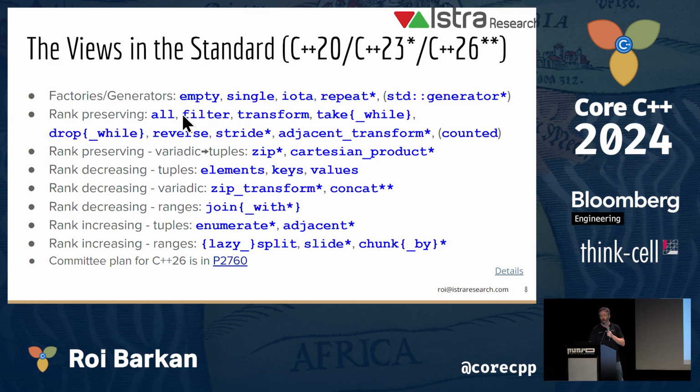And note that even filter is a range that, from my perspective, keeps the rank, keeps the shape of its input, because although a filter will typically have fewer elements than its input, the shape is still the same. If I had a one-dimensional thing, after a filter it's still one-dimensional. If it was two-dimensional, it will keep being two-dimensional, etc., etc.